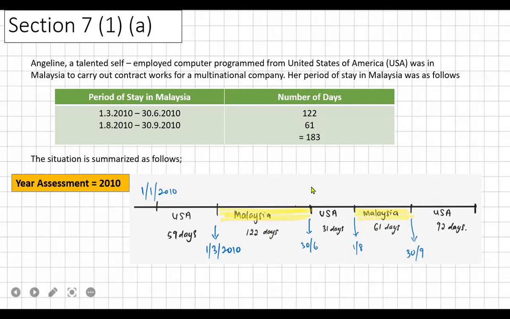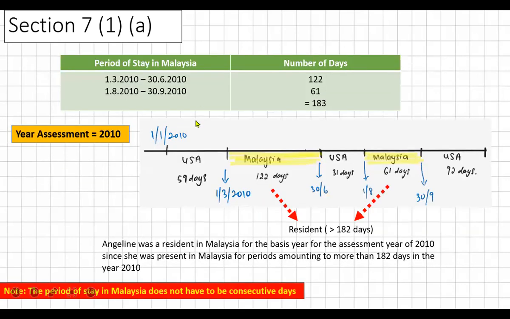So the question will ask the same, whether Angeline is a resident or non-resident. So the answer is here. Angeline was a resident in Malaysia for the basis year for the year of assessment 2010. Why? Even though these are not consecutive days. I mean, she was not in Malaysia throughout for more than 182 days.